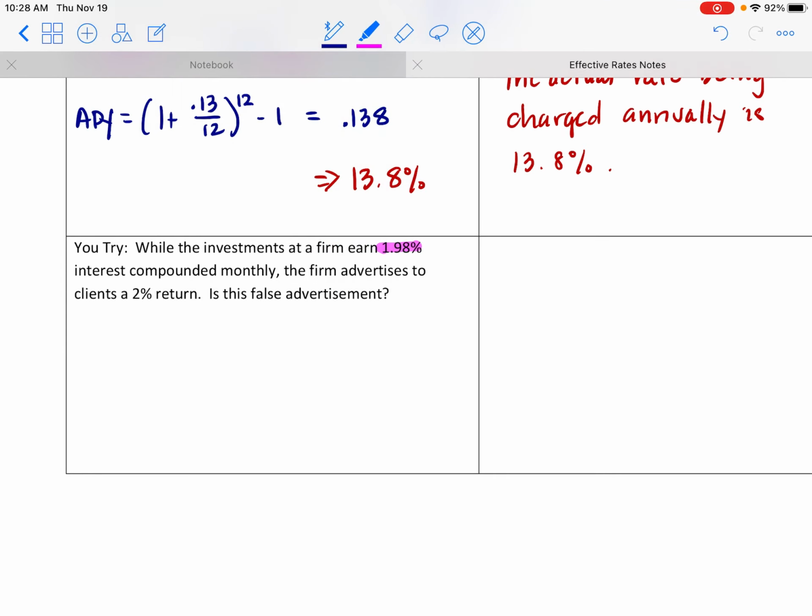So we are looking at 1.98% compounded monthly. Let's see, 1.98 over 100, which is 0.0198. And then monthly, again, tells us that n is going to be 12.